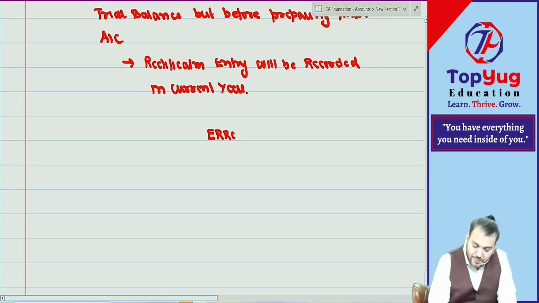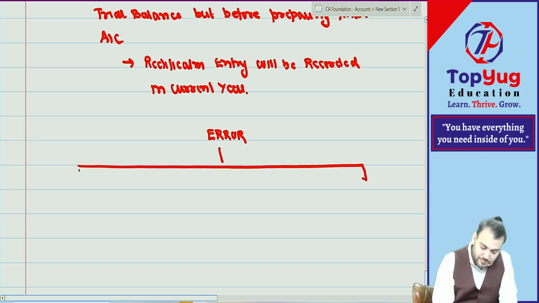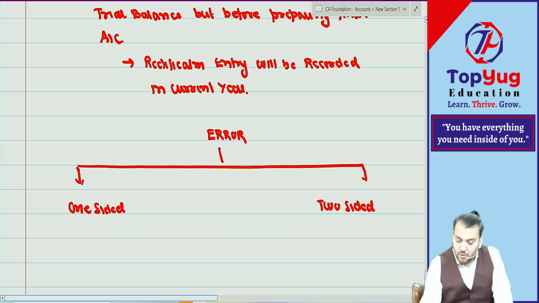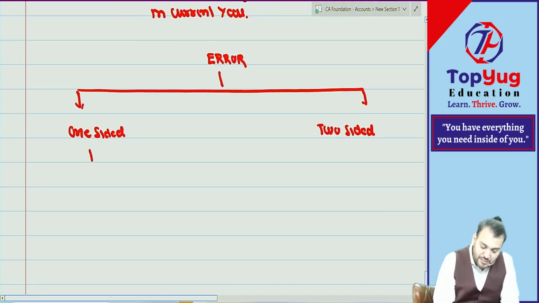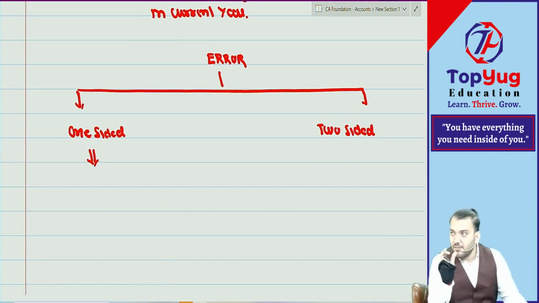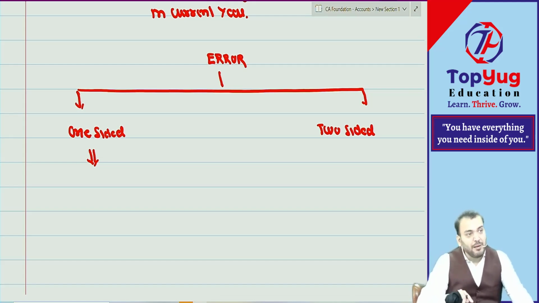First we need to identify whether it is one-sided or two-sided. Correct. Now one-sided means it will be represented by the suspense account in the trial balance. Means it will be rectified by passing a journal entry, but by using the suspense account. Correct, madam?